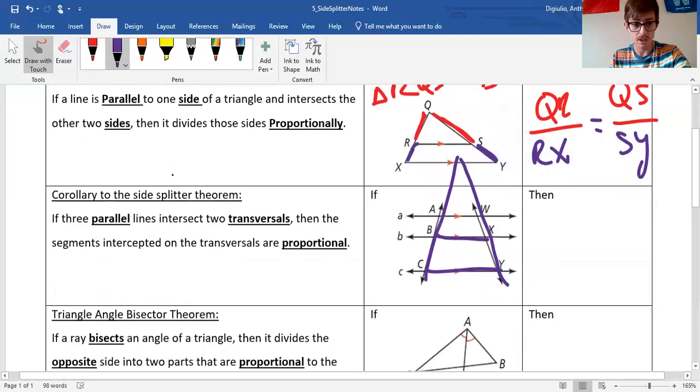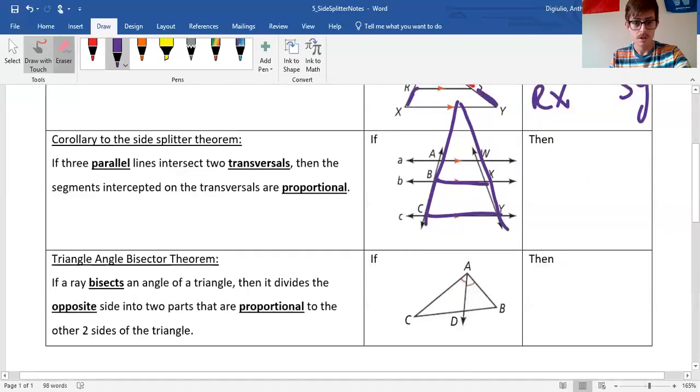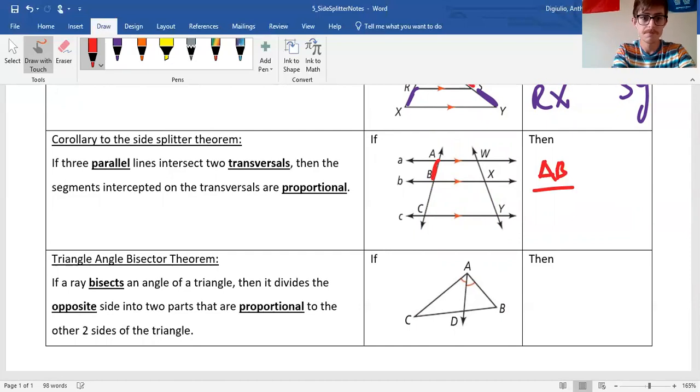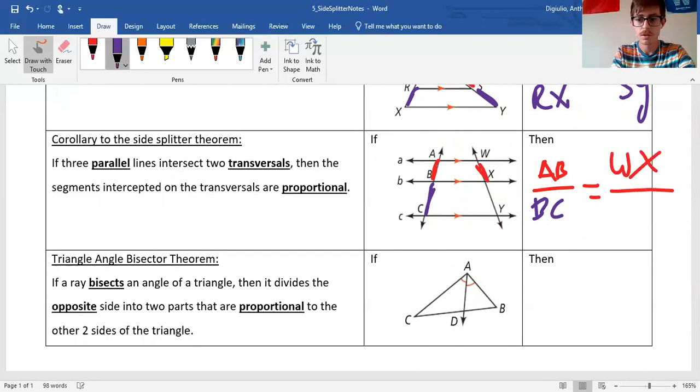So just like we did before, based on the information that we know, we're going to be able to set up a proportion that says that AB over BC should be equal to WX over XY.